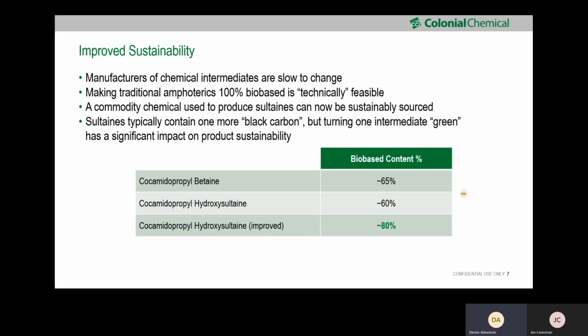However, when we use the bio-based intermediate instead of the petrochemical intermediate, we have now improved the bio-based content to around 80%, just slightly shy of that. So you can see by substituting this one intermediate, we've been able to make fairly strong headway in improving the sustainability of these types of surfactants.